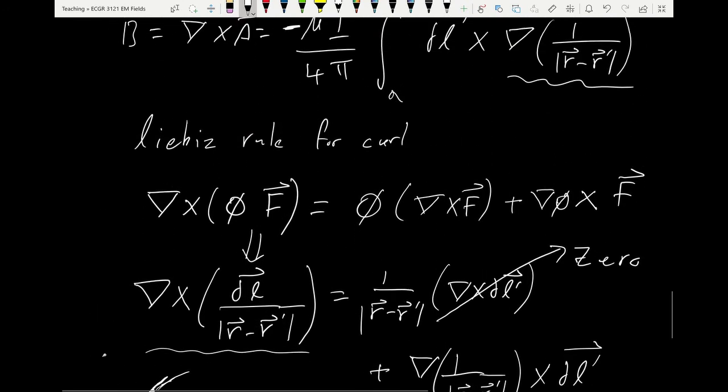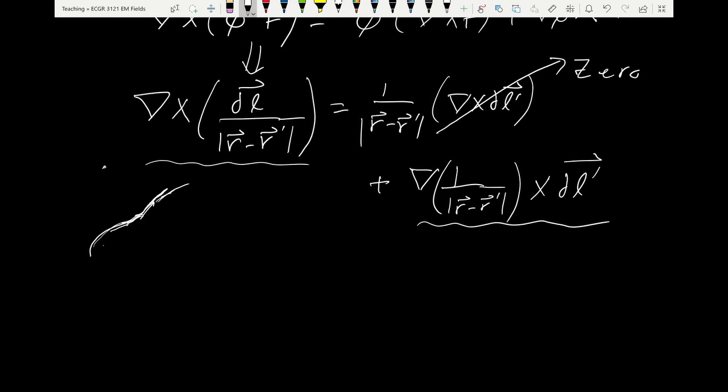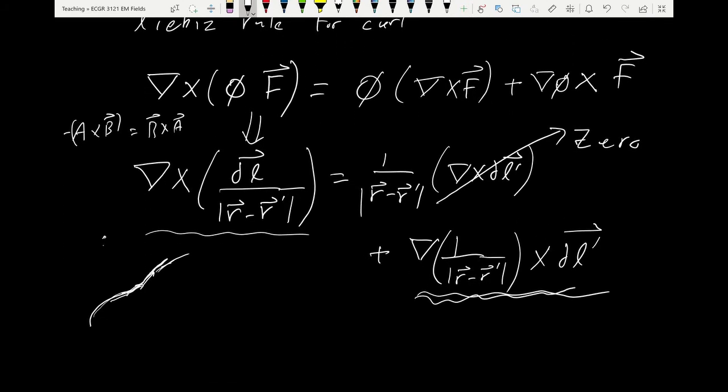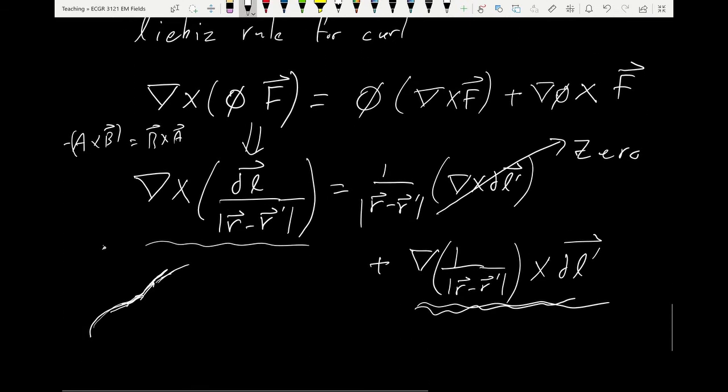So I can go back. Oh, I have one complication. Here I have the gradient cross dl. Here I have dl cross the gradient. Well, the solution is just to take the minus back in and swap the two terms. Remember we said a cross b equals minus b cross a. If you swap the terms, you multiply by minus 1. So here I can swap the terms and get rid of this minus sign, and I end up with this expression, the same as this expression, which I can substitute.